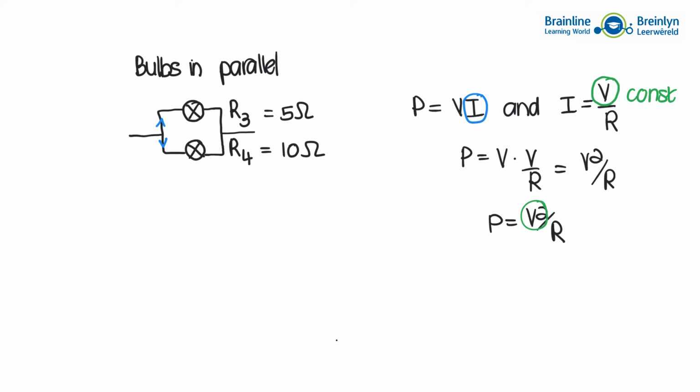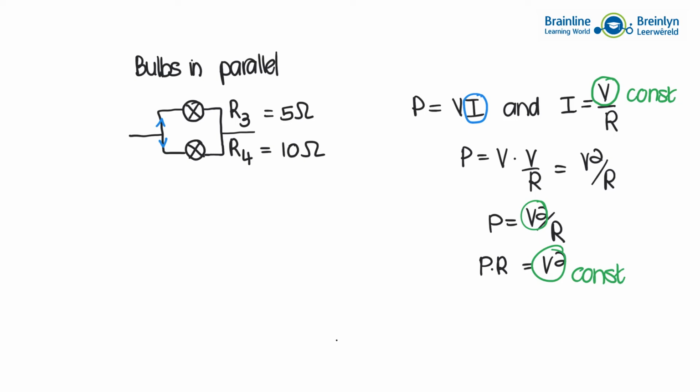It was divided on the right, so it's going to be multiplied on the left. In other words, we're now going to have P times R equals V squared, where the V squared is the constant variable.